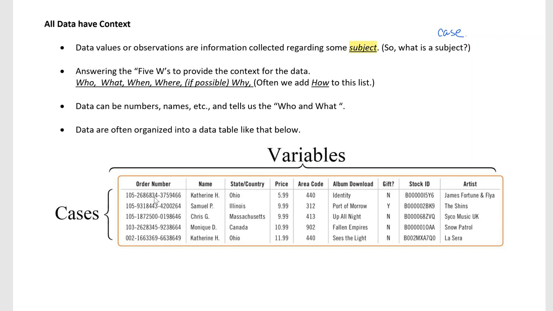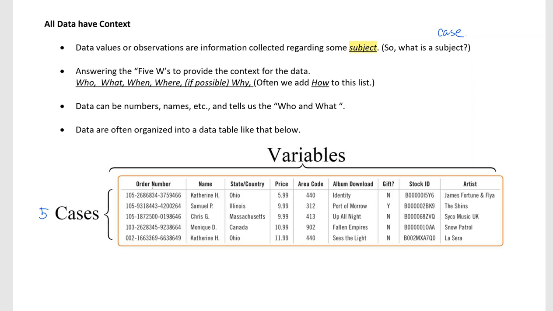Right, so how many cases are in this table? One, two, three, four, five. So we have five cases. All right, and then for each case, how many pieces of information, how many aspects about this case do we have?